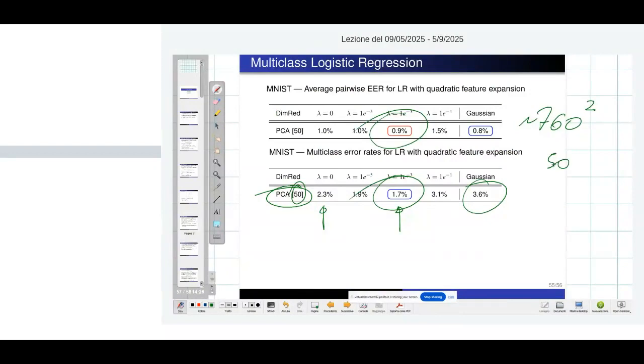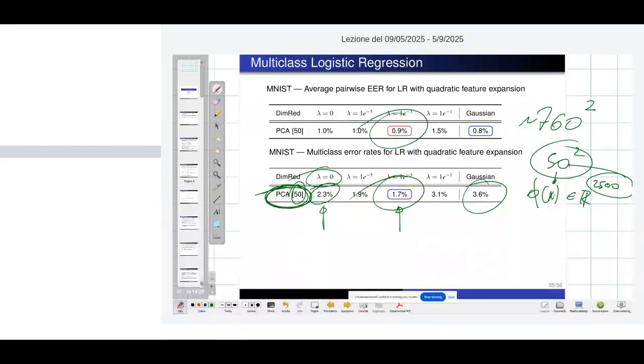The model with PCA still has an input feature that are the expanded features that are 2,500 dimensional. So they are already 3 times larger than the original features for the linear model. And you can see that in this case, regularization is important because PCA is simplifying this transformation, but then I still have a large input space for the logistic regression model.